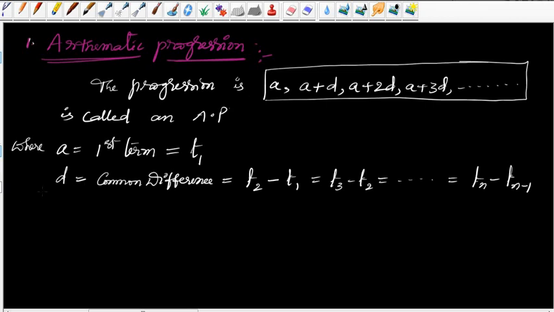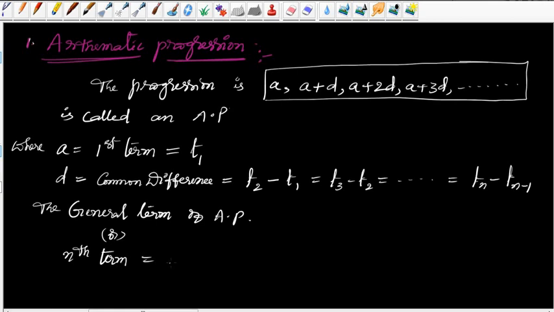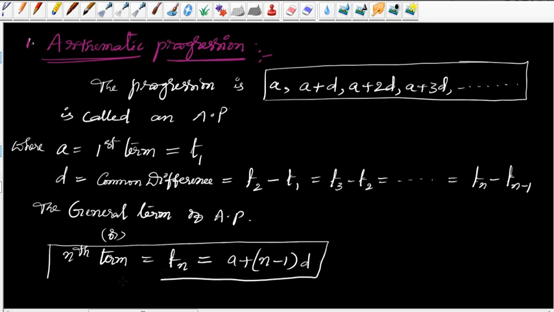Now the general term of the arithmetic progression, also called the nth term, denoted by Tn. The formula is A plus (n minus 1) into D. This is the general term formula.